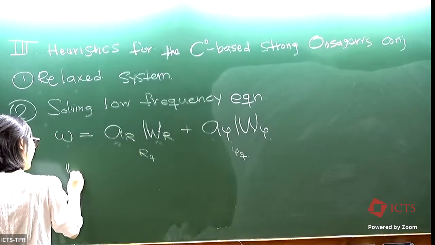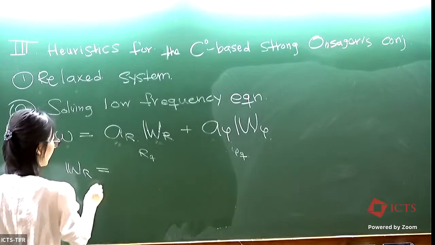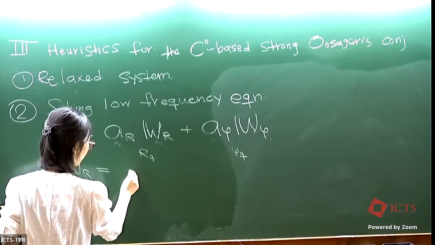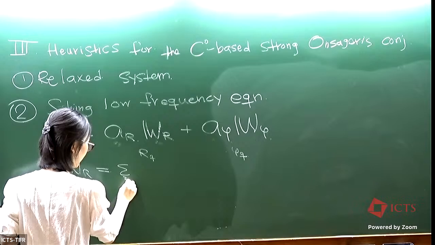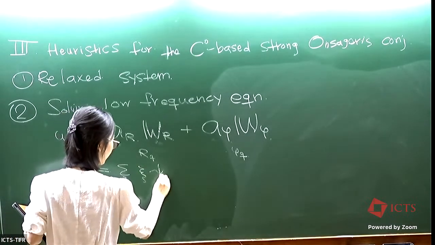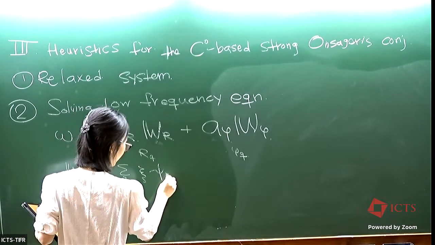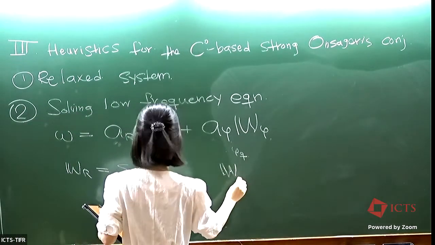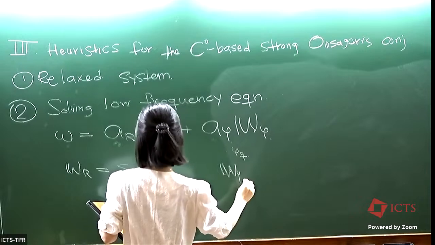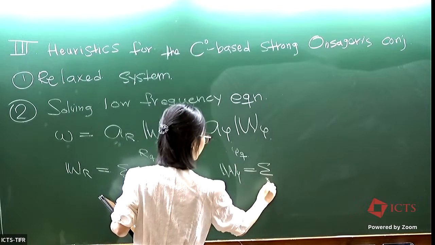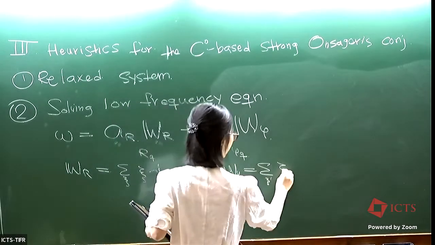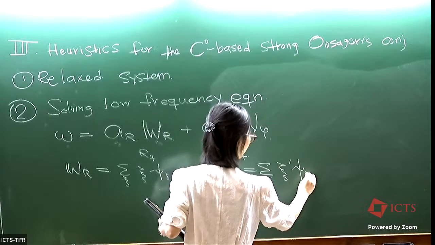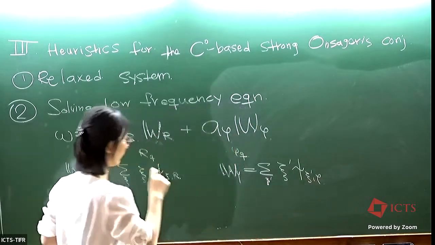And the W_R, as I mentioned, is the Mikhailov wave. So let me just write it in this way. There's actually a summation, and xi, this is the associated function, xi_R, and then for the current error corrector, let's say xi prime, the associated function.